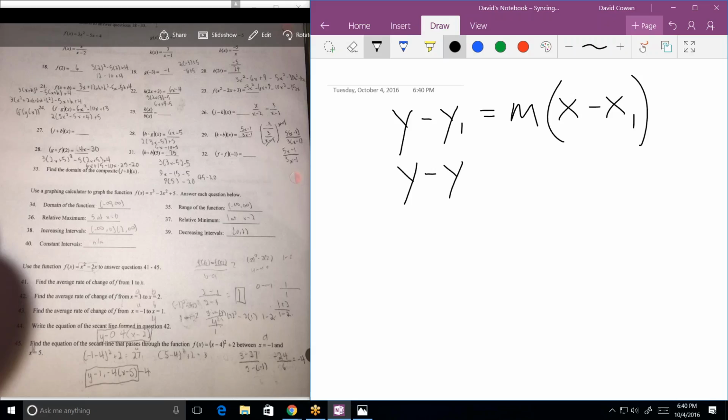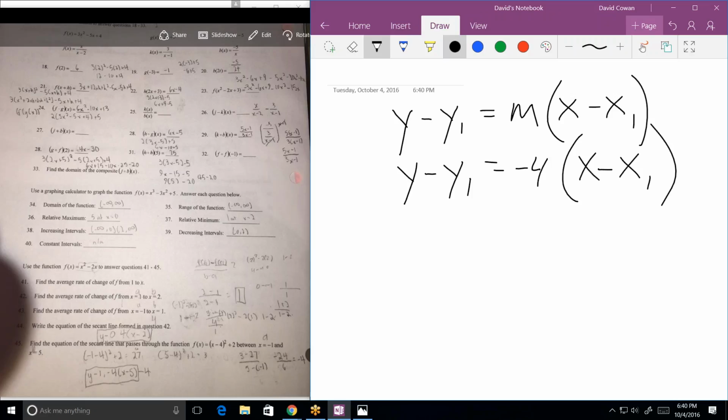So let's fill in as much as we know. -4 was my slope. What's a point that's on this curve? Pick any point you want, fill it in, come up with that x value and what the y value would be.